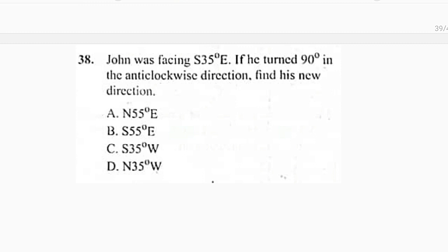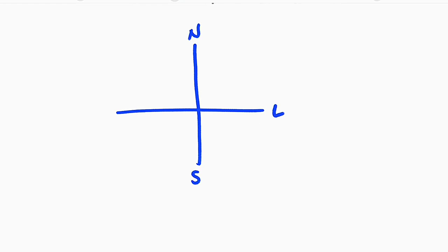All right, here is question number 38, which is related to compass bearing. John was facing south 35 degrees east. If he turned 90 degrees in anticlockwise direction, find his new direction. First of all, let us draw the cardinal points. We have this. This is north. This is south. This is east.